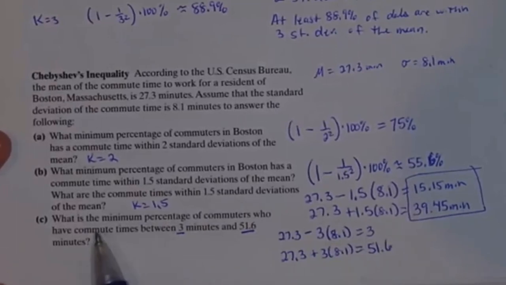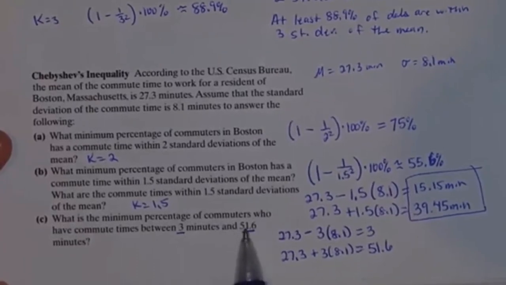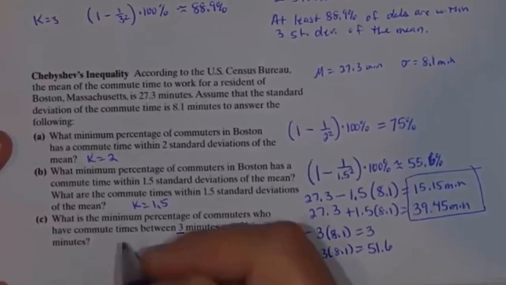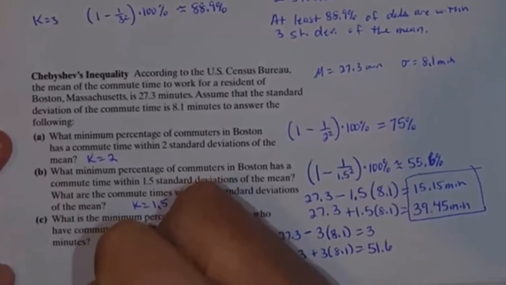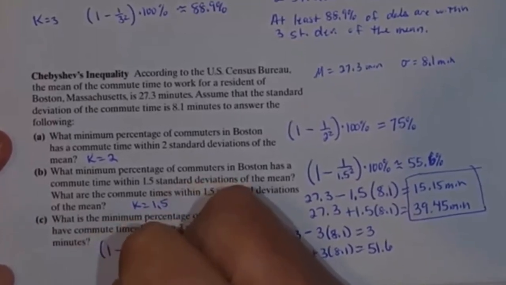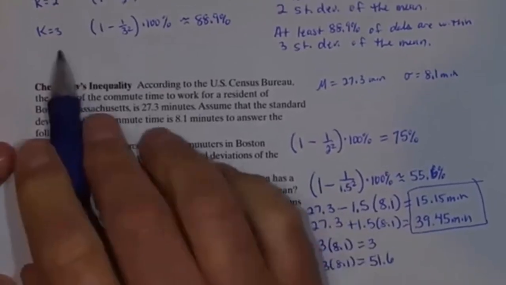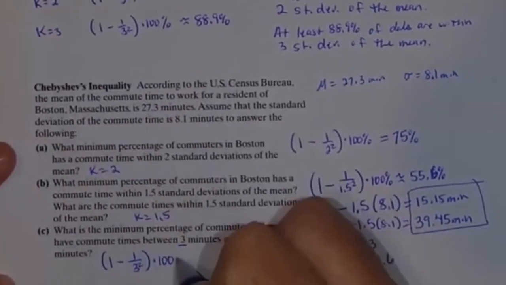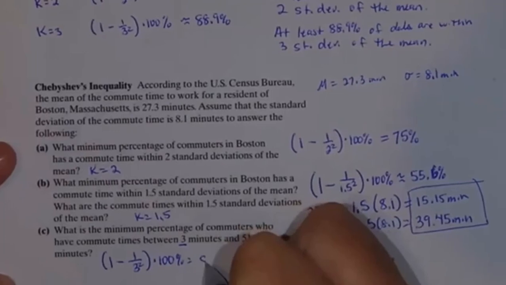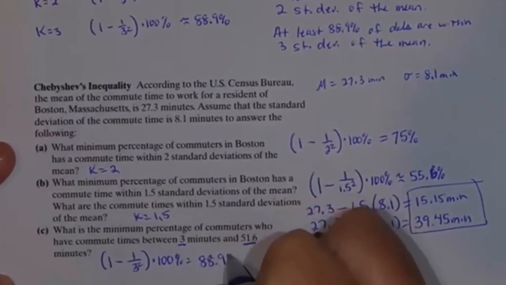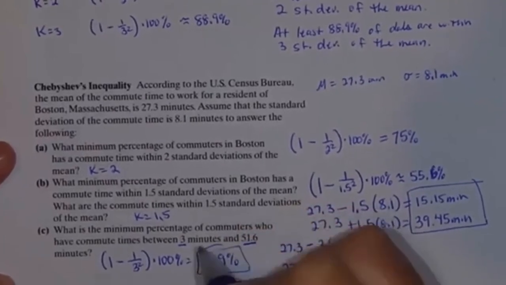So in order to find the percentage, knowing that this is 3 standard deviations below the mean and this is 3 standard deviations above the mean, my answer is going to be 1 minus 1 over 3 squared, times 100, which we actually calculated up here already. That would be 88.9% approximately.